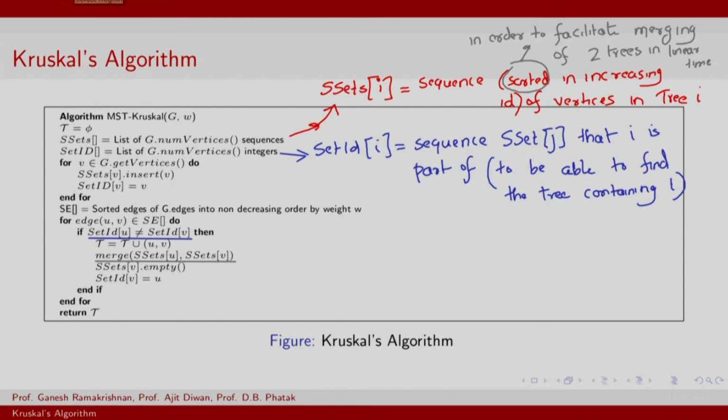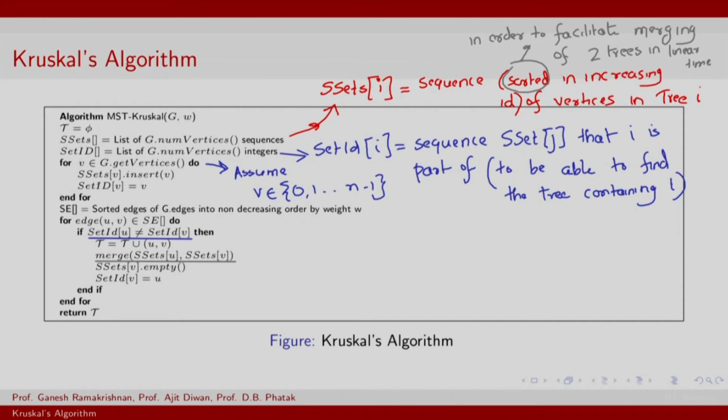So, let us continue. Next we initialize both these data structures, we iterate over all the vertices. Again we assume that the vertices V are numbered 0 to n minus 1, just makes our indexing easier.